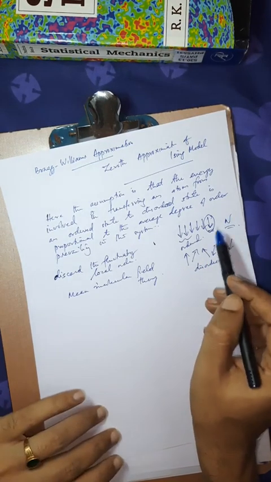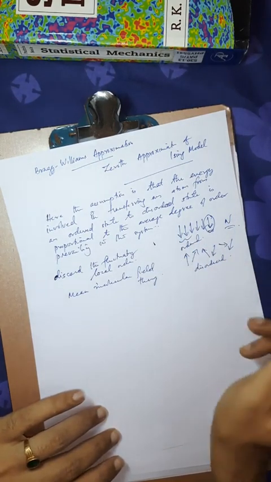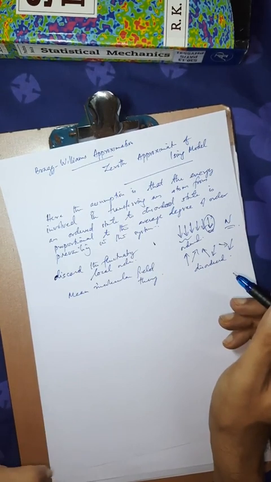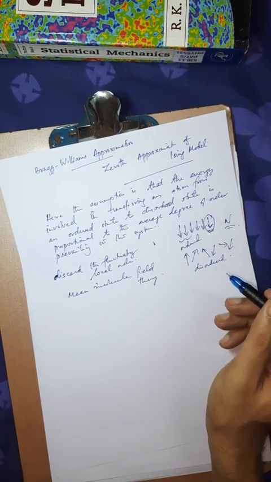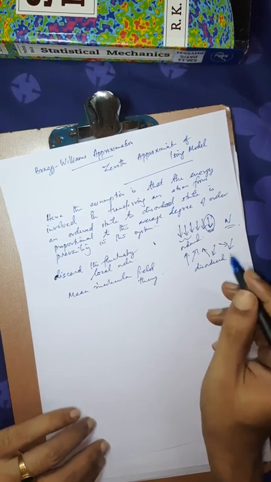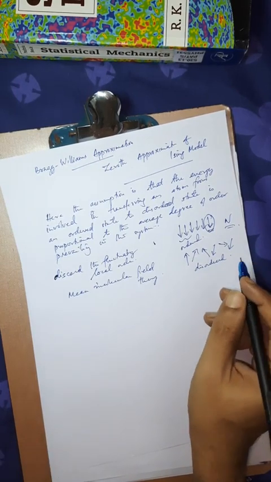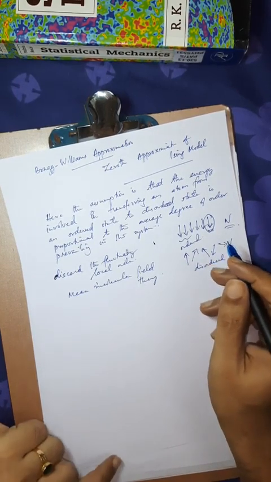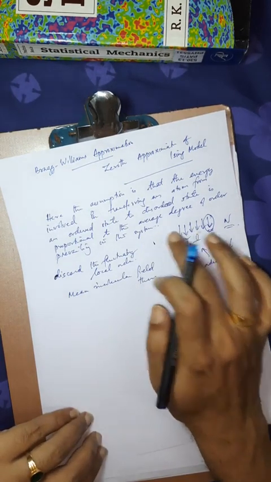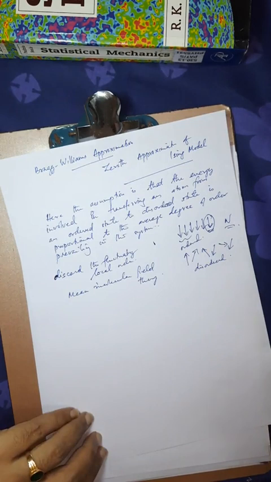Because it is only concerned about the overall or average number. So it is totally insensitive to the detailed structure or the dimensionality of the lattice. So the question is how to make this model more accurate.